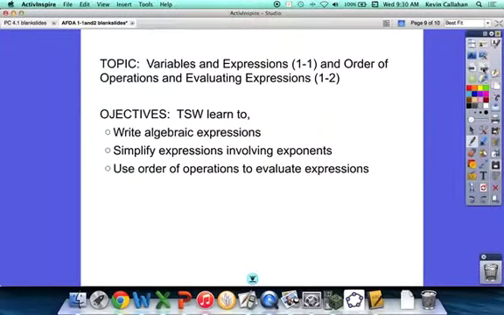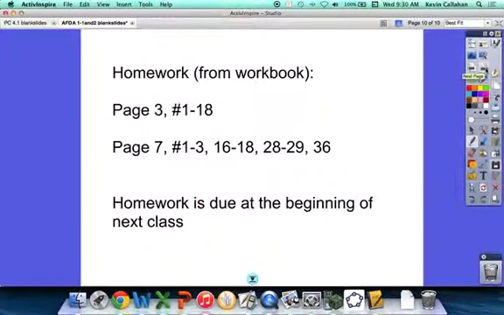And that was all I wanted to cover as a lesson today. Those are the objectives we looked at in the beginning. For the homework, we're going to work out of workbooks.